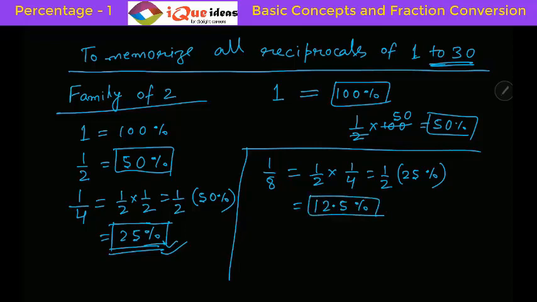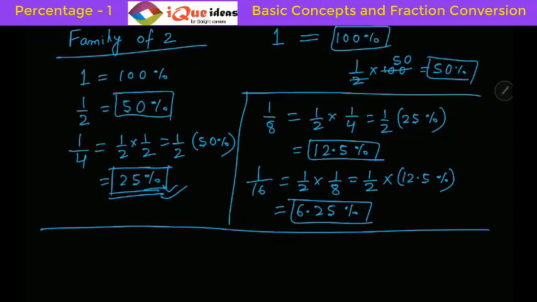Let's say 1 by 16. Now 1 by 16 will be half of 1 by 8. We already calculated 1 by 8 as 12.5%. So half of 12.5 will be 6.25%. Alright. Let's say you have 1 by 32.